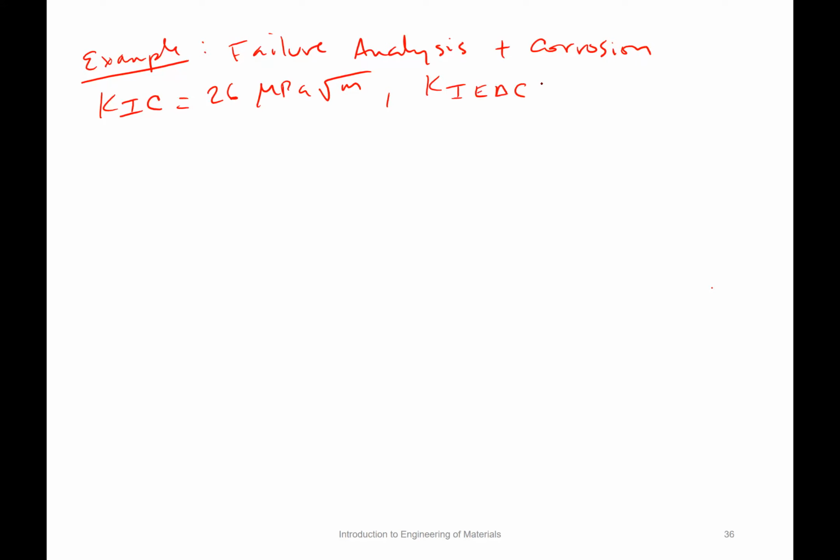So this is environmentally assisted cracking, and its fracture toughness is much less than that, okay, due to the environment. And let's say the internal crack length is 4 millimeters.